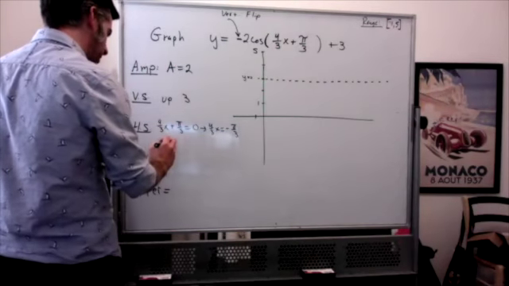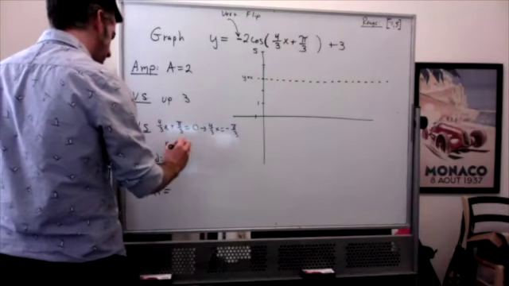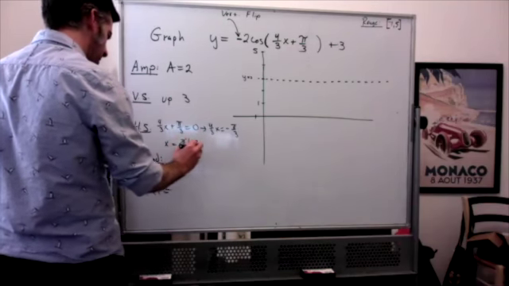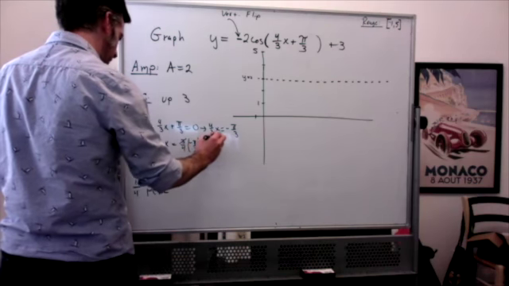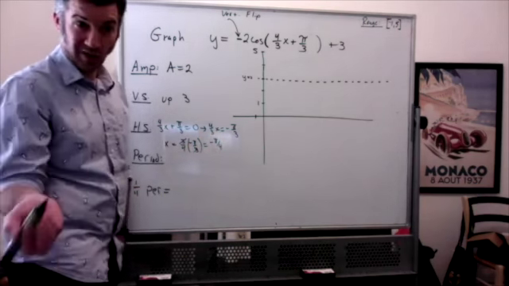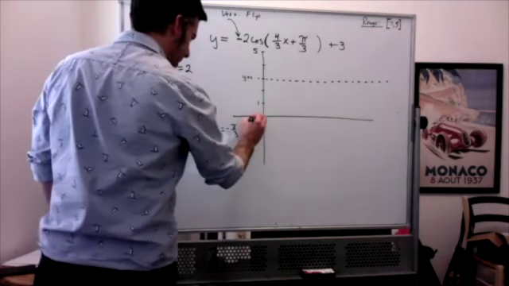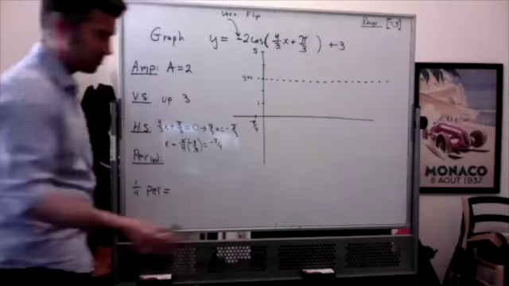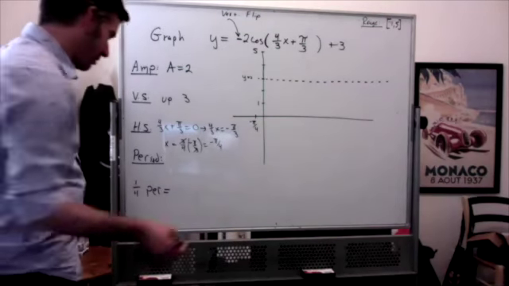So x is going to equal 3/4 times negative pi over 3. The 3's cancel, and you get negative pi over 4. So my horizontal shift, my starting place, is negative pi over 4.